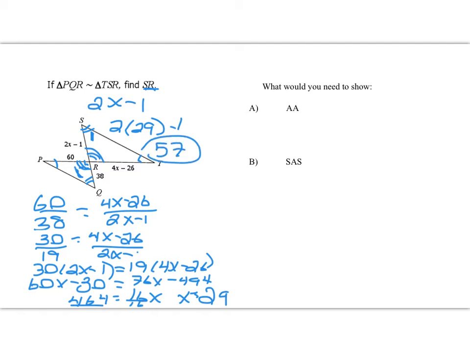which would give me 57. Okay, for angle, remember that you want to compare two angles. Actually, not compare, you're going to say that the two angles are congruent.